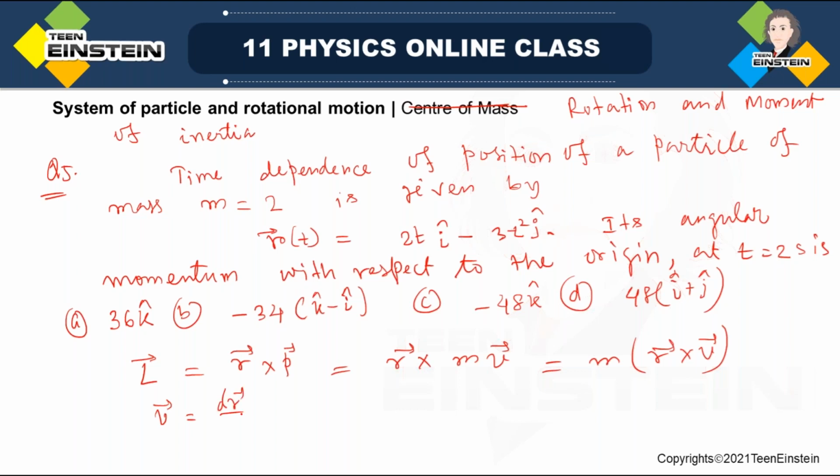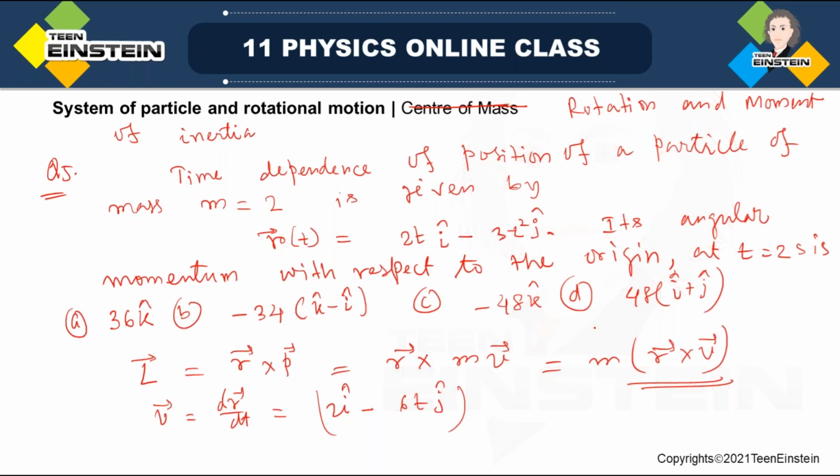So this will be dr/dt, that is 2 i cap minus 6t j cap. So we have got velocity, we have got position. So we have to find the angular momentum from this expression, so we have to basically do r cross v.